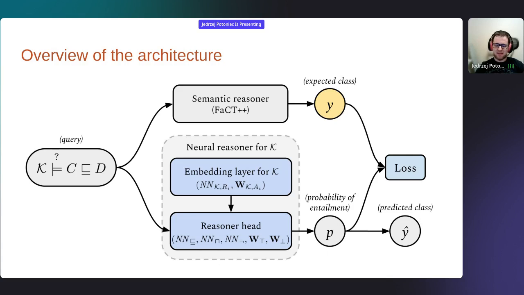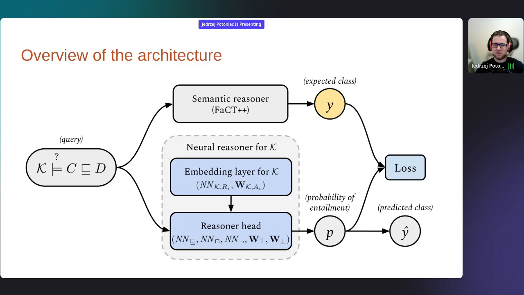The whole system was trained using a set of knowledge bases and a set of queries of some complex expression being a subclass of another complex expression, labeled with a real logical semantic reasoner.